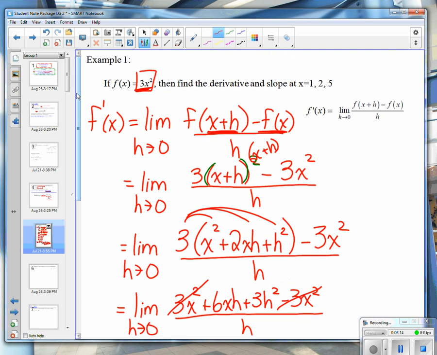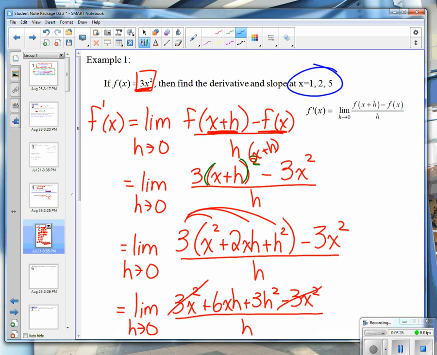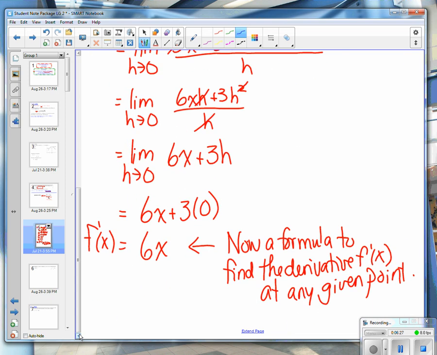Well, if we come back up here, it said x is equal to 1, 2, and 5. So those are the 3 points that I actually want to find the derivative at every given stage here. Or remember, this also means slope, right? So I'm looking for the slope at any given stage. So how this would go, I've got my f prime. Now of 1 is going to be equal to 6 times 1, which is 6.